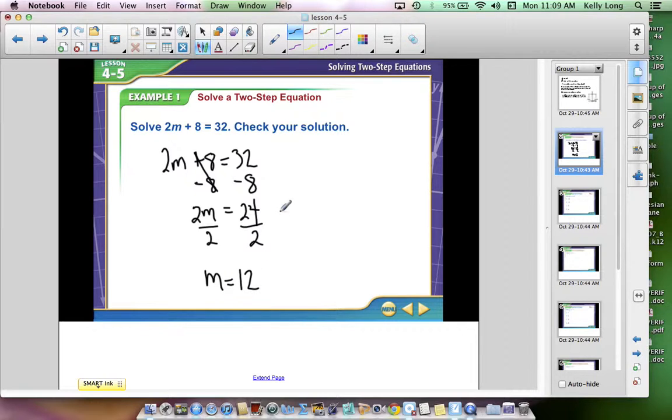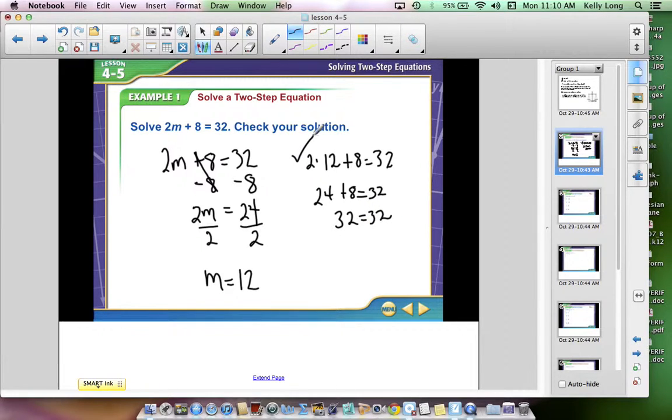Just like before, yes, you have to check your work. Is 2 times 12 plus 8 really equal to 32? Well, that's going to be 24 plus 8. Does that equal 32? Well, 24 plus 8 is 32, so 32 equals 32.